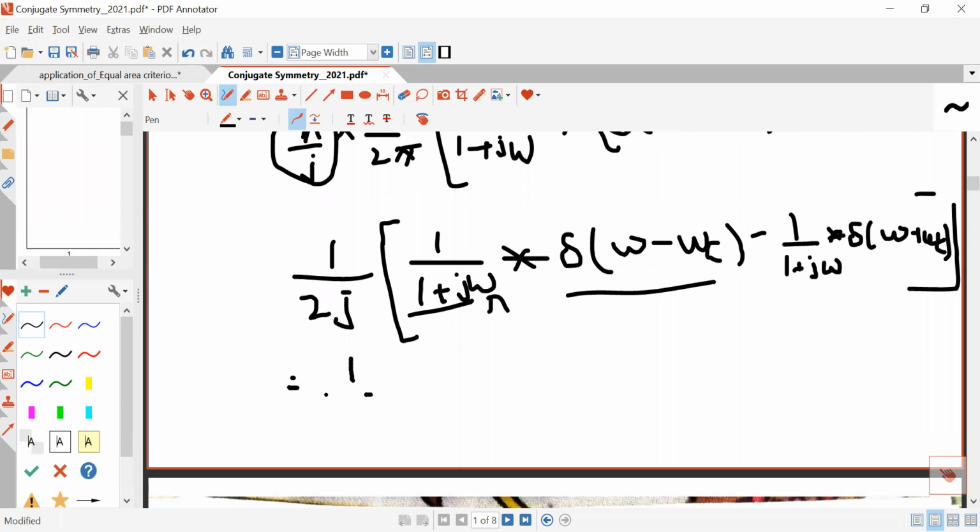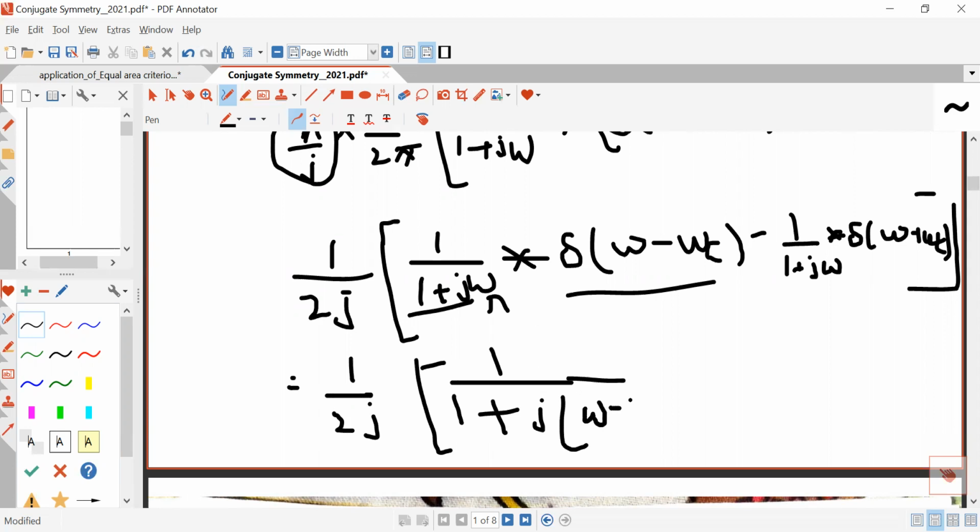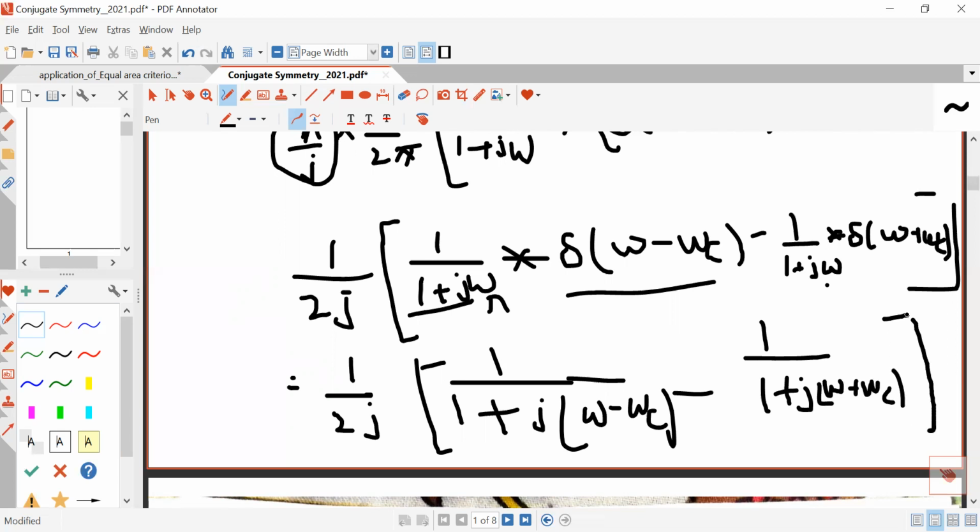So this will be 1 by 2j, and this becomes 1 by 1 plus j(omega minus omega_c), minus 1 by 1 plus j(omega plus omega_c), because you are convolving the signal 1 by 1 plus j omega with delta(omega plus omega_c), so this omega will be replaced with omega plus omega_c.